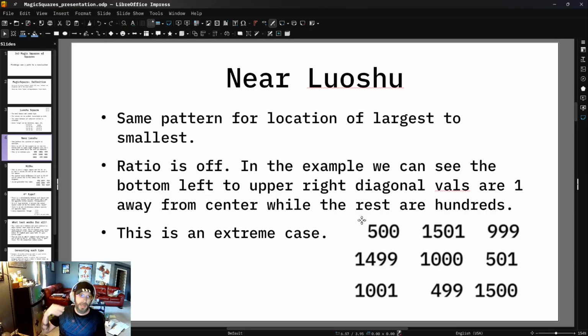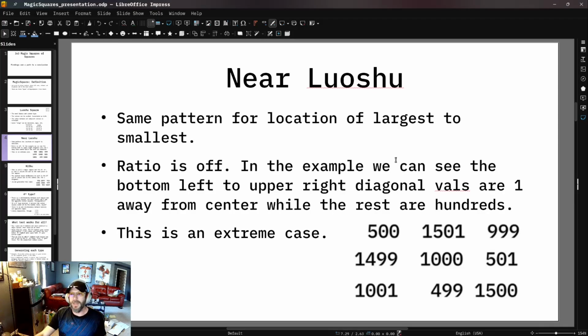This is an extreme case. When we get to the formula in a minute, what I started with is the number 1000, and then took the numbers 1 and I think 500 or 501, something like that, right? And then did my formula from there, which makes these two values extremely far apart, and then puts these middle values adjacent in this case to the center value.